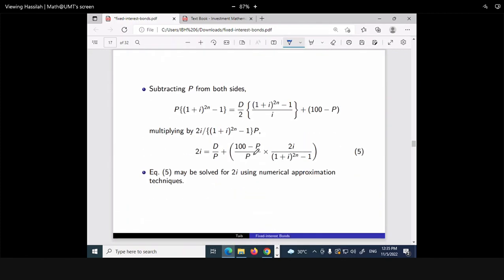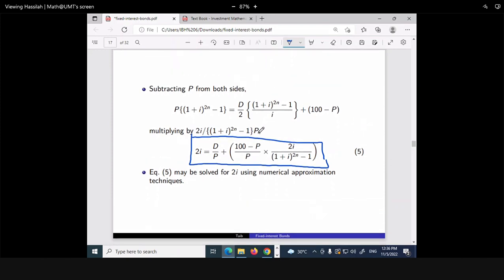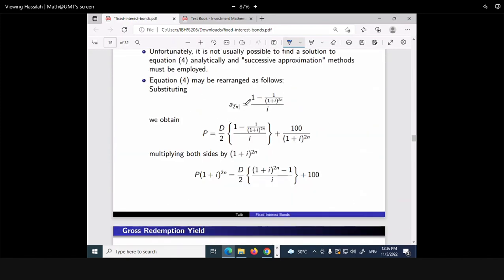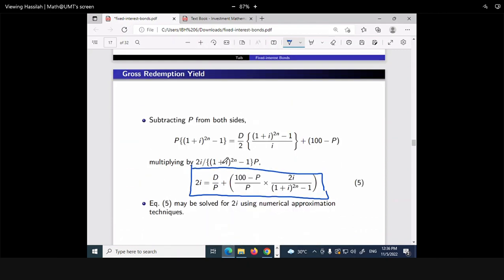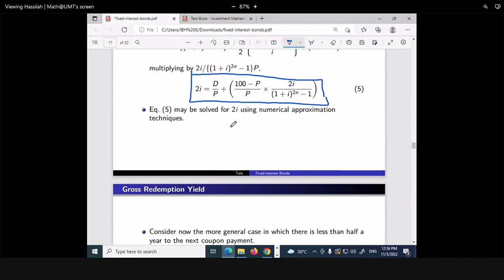So you boleh try step by step ni and finally you akan dapat 2i given by equation 5. Tentu cari 2i. Lepas tu you kena tunjukkan lah 2i tu sama dengan apa. Ni algebra je ni. Okay, so selain daripada ini, this one may be solved using numerical approximation technique. Equation 5 ni.